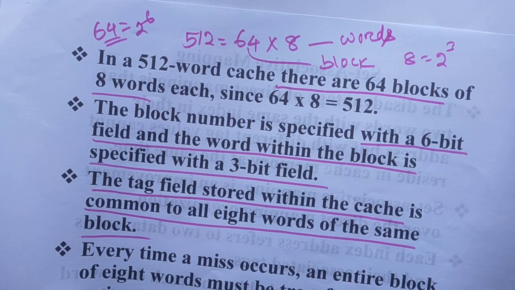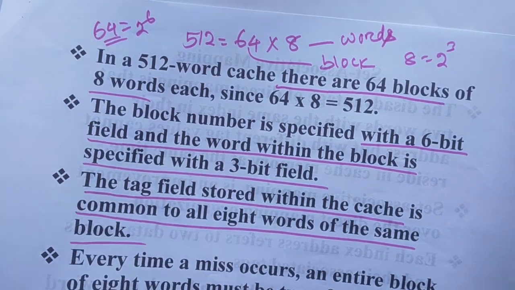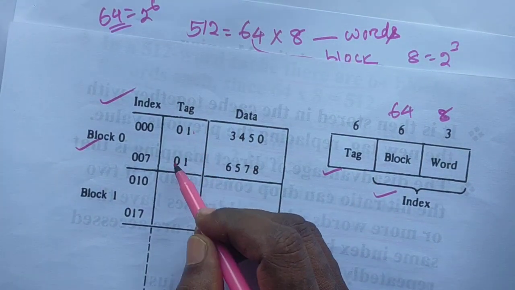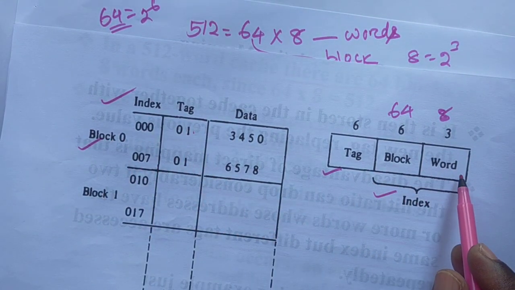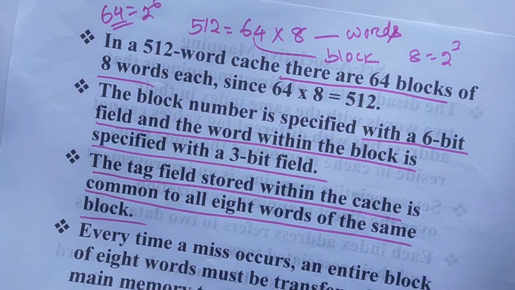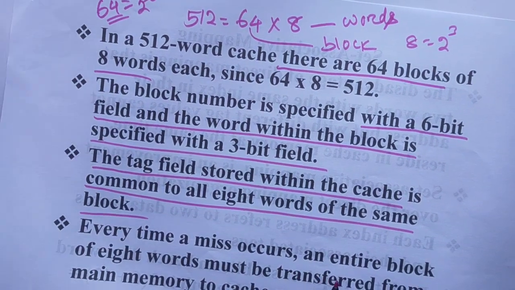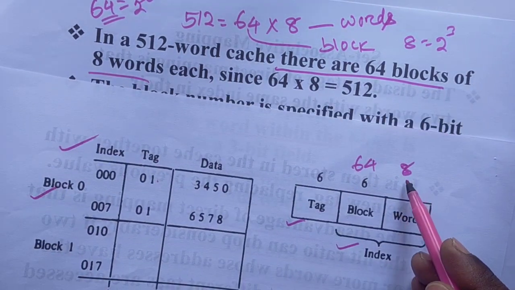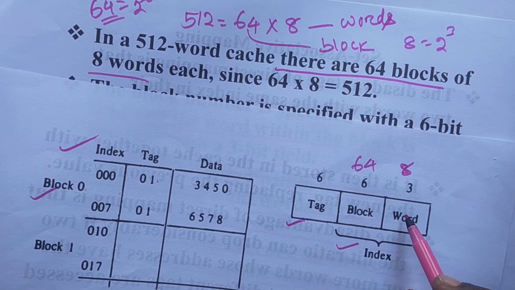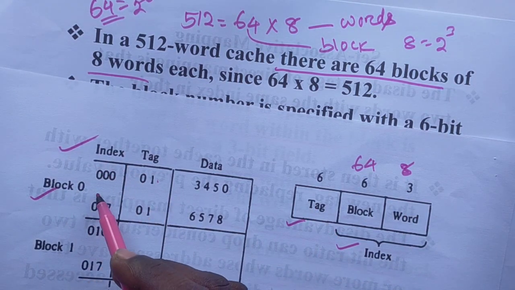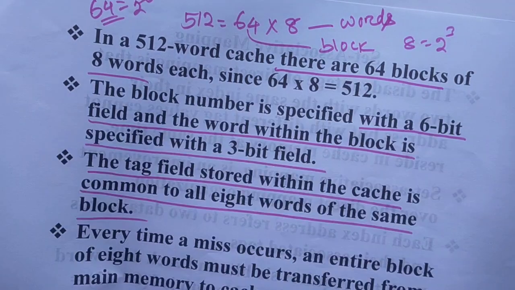Because if this tag is 0 1, the same tag applies to the same block. It contains all 8 words of the same block, with the same tag 0 1. It is defined in this way.